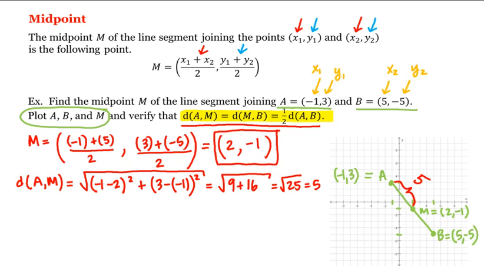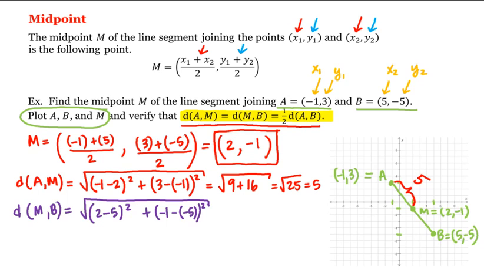Now the distance between M and B should also be 5, but let's verify that. The distance between M and B is equal to the square root of the difference in the x-coordinates squared, so 2 minus 5 quantity squared, plus the difference in the y-coordinates squared, or -1 minus -5 quantity squared.